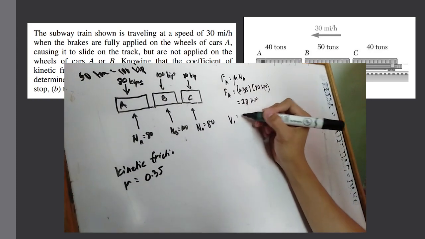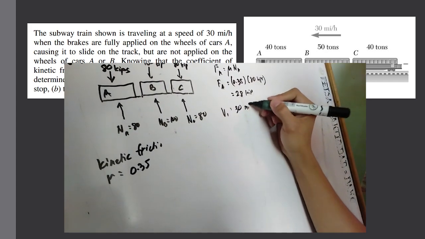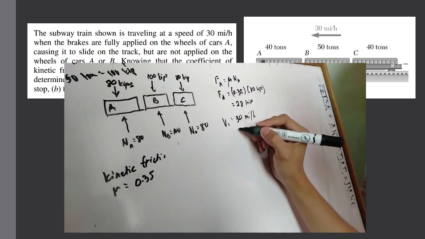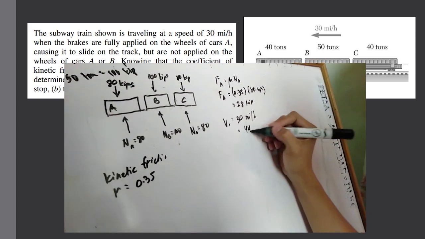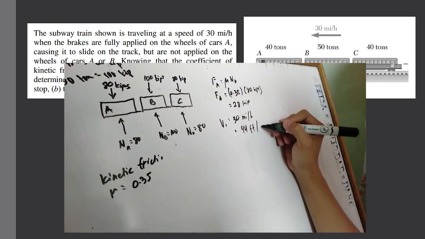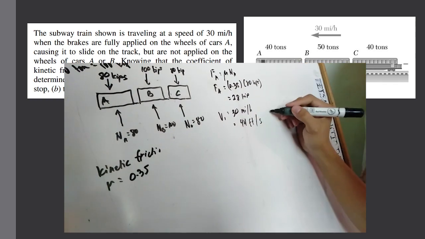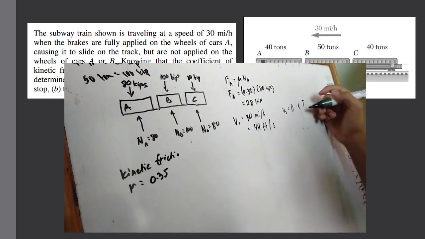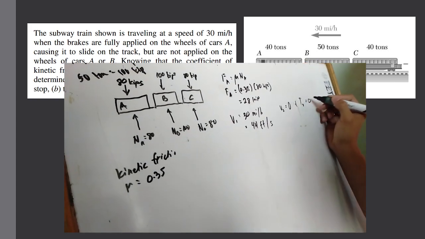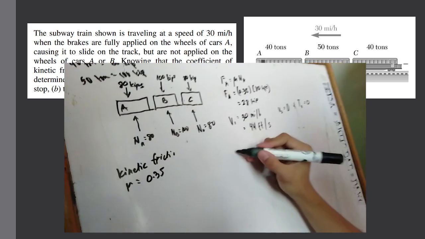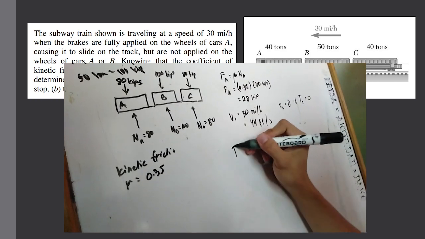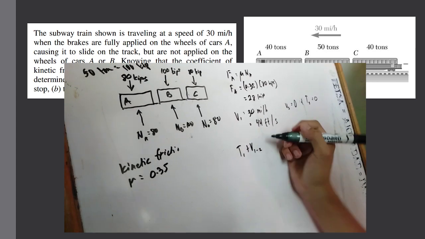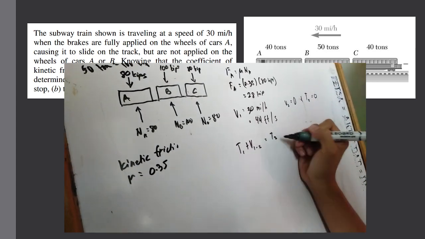V is 30 miles per hour. Let's convert this into feet per second. So we have 44 feet per second, where V sub 2 squared is equal to 0 and T sub 2 is equal to 0. So moving on, we have T1 plus V1-2 is equal to T2.